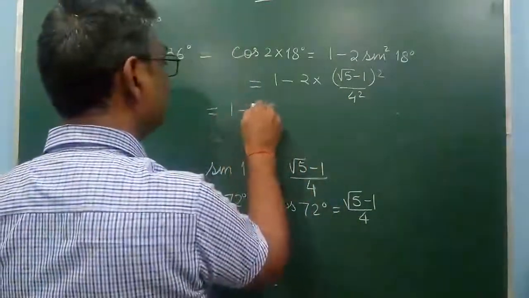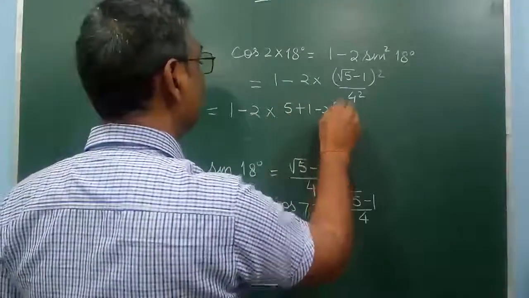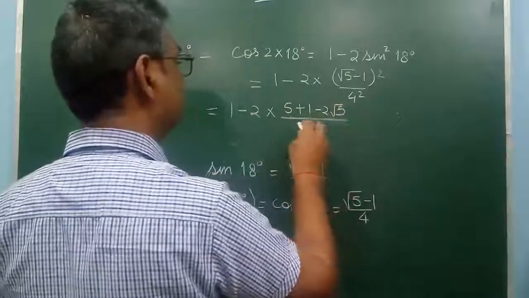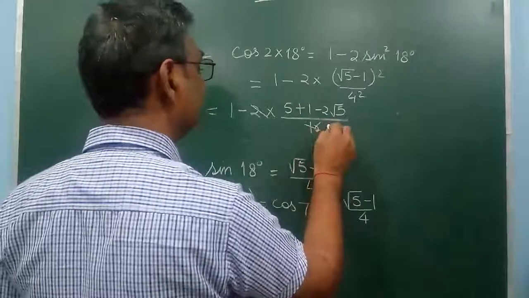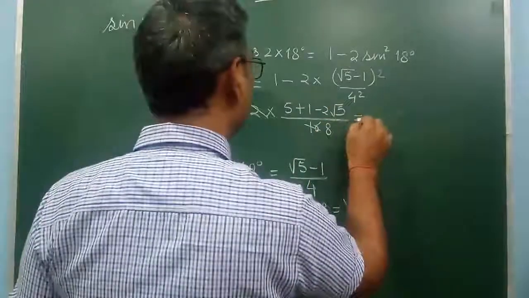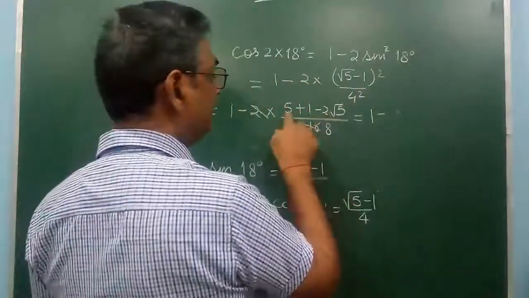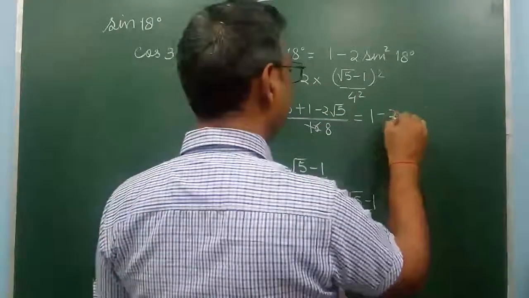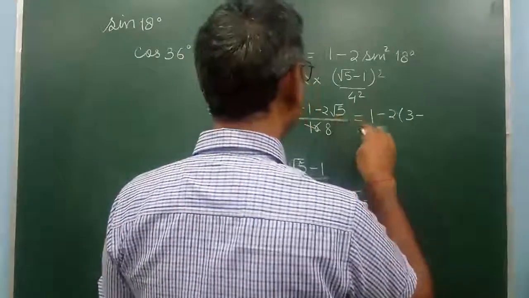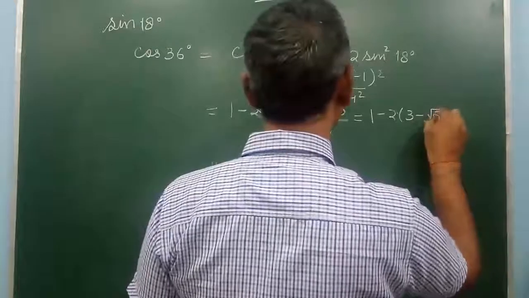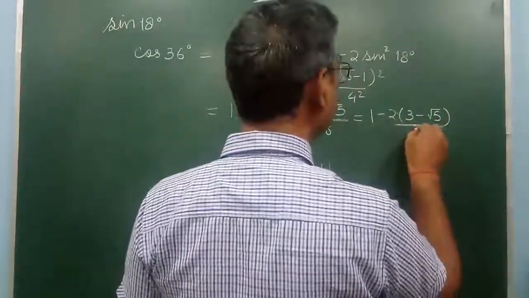So this is 1 minus 2, 5 plus 1 minus 2 root 5 upon 16. This we can cancel. This is 8. So this is 1 minus 2 can be common, 5 plus 1 is 6. So I can take 2 common. So 3 minus root 5 upon, how much?